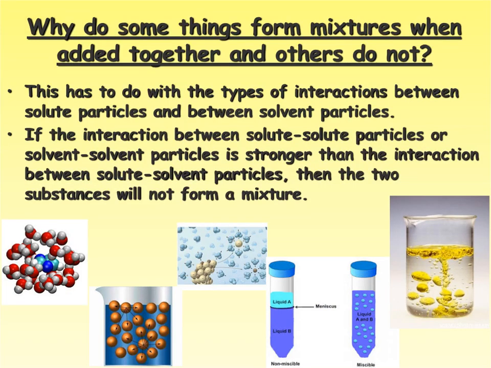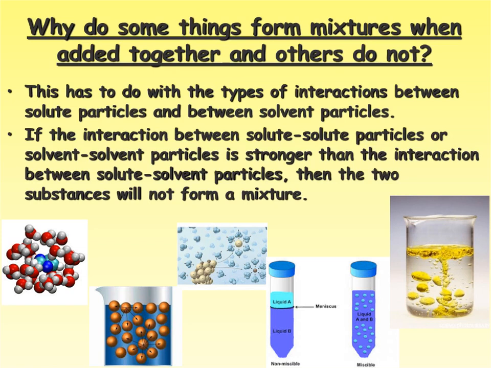So why do some things form mixtures or solutions when added together and others do not? This all has to do with the types of interactions between solute particles and solvent particles. Again, just to reiterate, the solute is going to interact with whatever has the strongest attraction to itself.